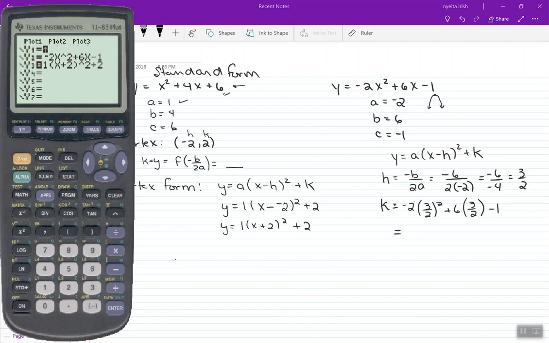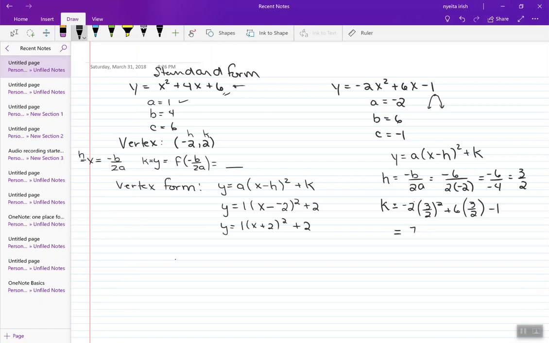Just type in negative 2, parentheses 3, divide by 2, and then plus 6, minus 1. Okay, so I get 3.5. I can convert that to a fraction, 7/2.